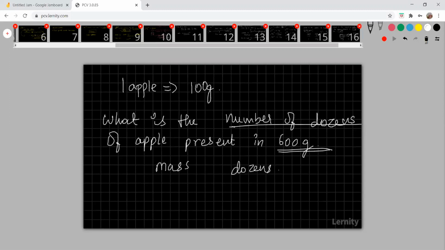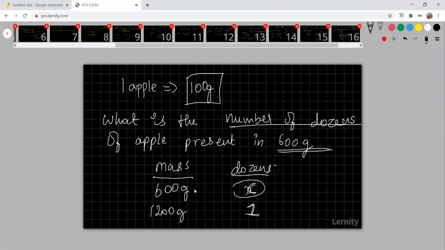For 600 grams, I need to know the number of dozens present. I know one apple is 100 grams. The comparison is between only dozen and mass. So I need to at least find out the mass of 1 dozen of apples, which is nothing but 1200 grams.